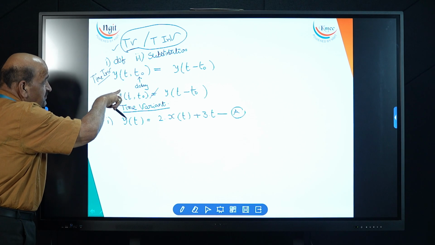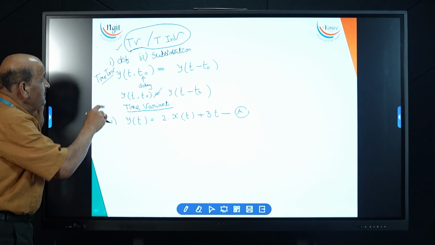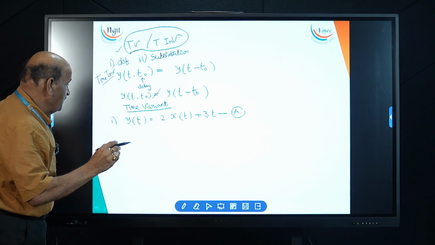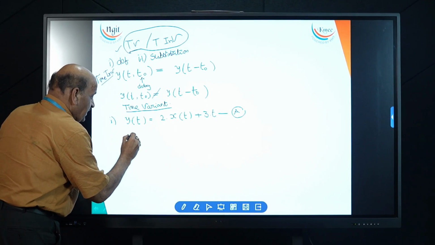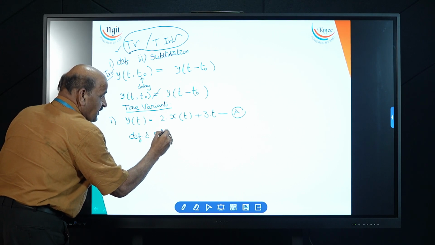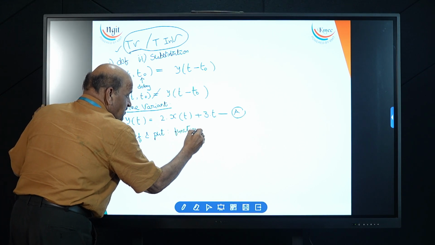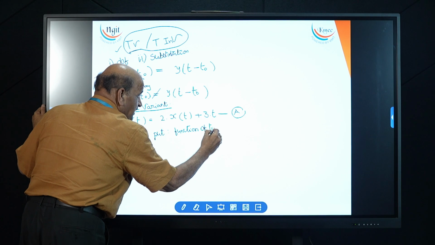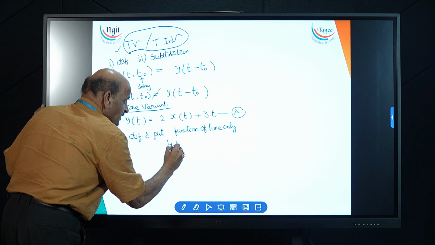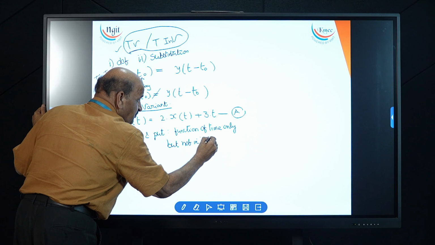Substitution or definition should be applied in functions of t only, in function of time only, but not in an individual t.